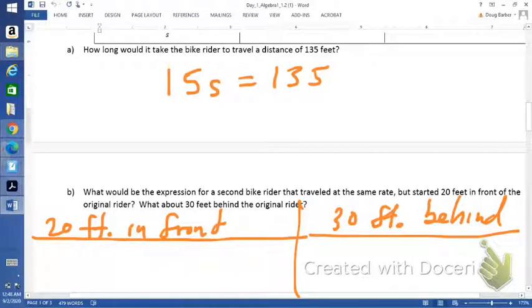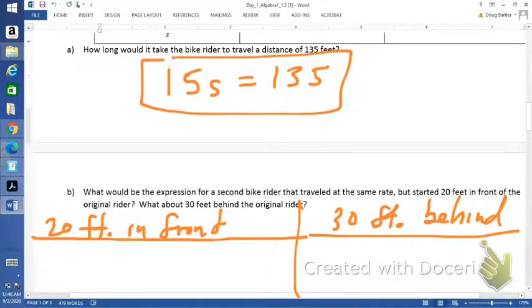So we know that the original rider, this is the equation that we used to figure out how long the original rider would take to go 135 feet. Now, we want to find out how long it would take the second bike rider to go that 135 feet. However, they start 20 feet in front.